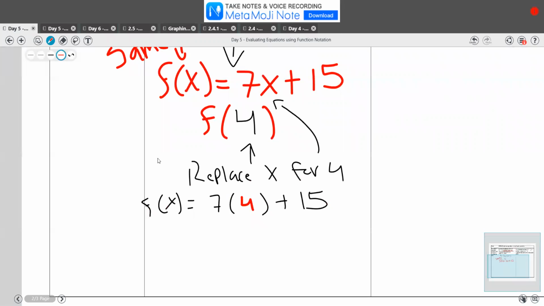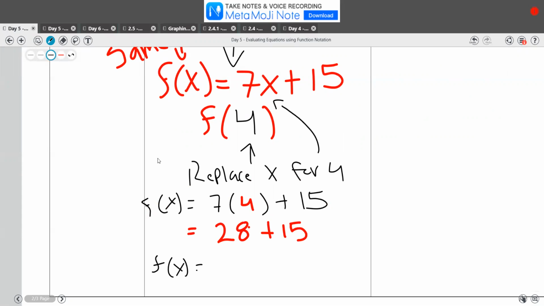All right, we're just going to go ahead and do the math. 7 times 4, that's going to be 28, plus 15, okay? So f of x equals 28 plus 15, so that's going to be 20 plus 10, 30, and then that's going to be 43.